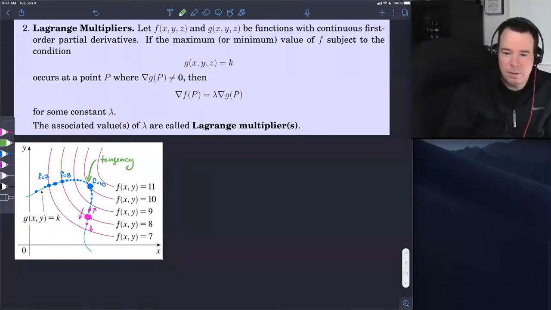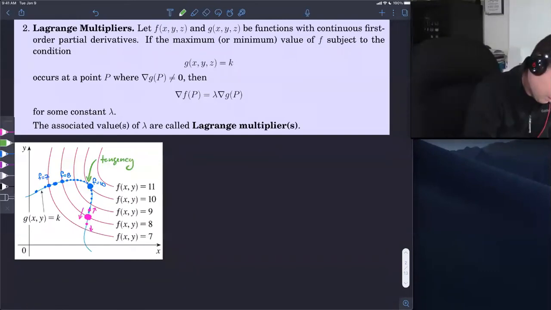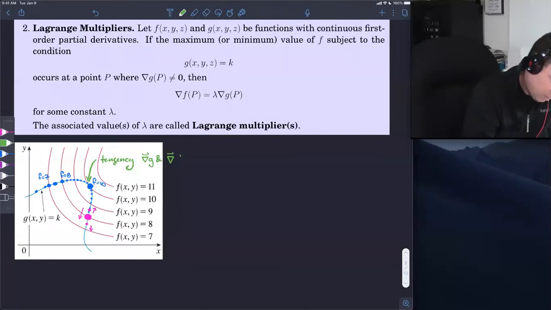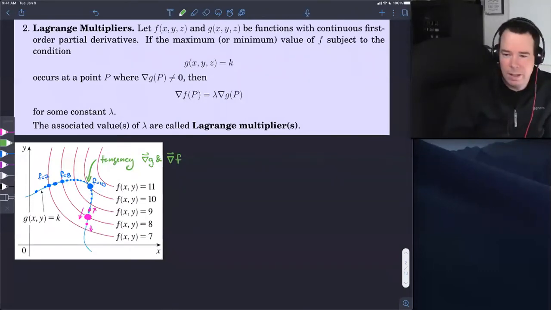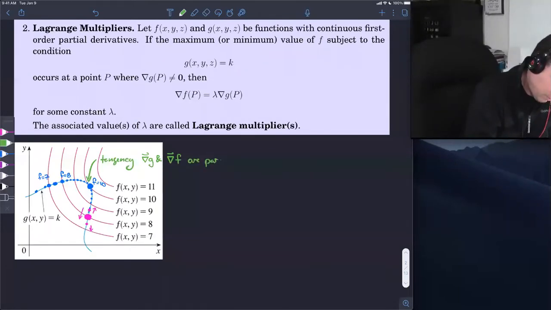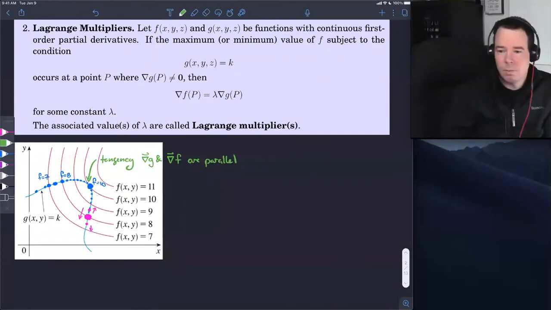And because they're tangent, it means that the normal vector to the blue curve, that would be grad g, and the normal vector to the level curves of f, which is grad f, are parallel. They've got to be parallel to each other. If the curves are tangent, their normals are parallel, and those are their normals.